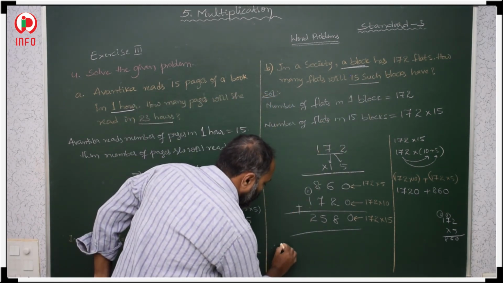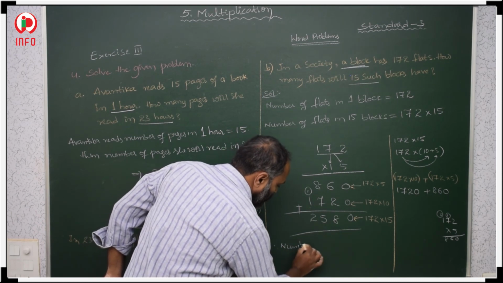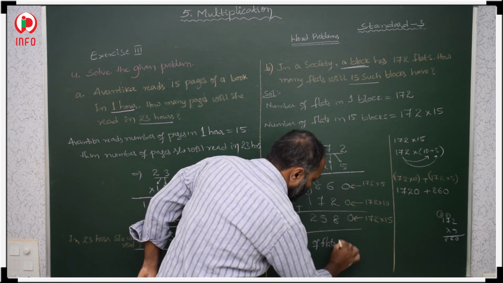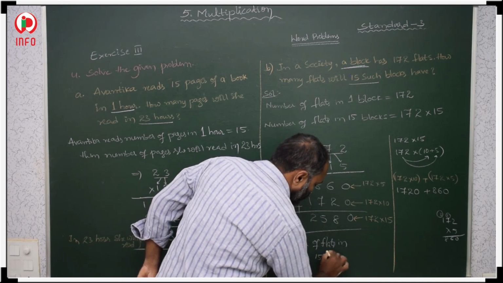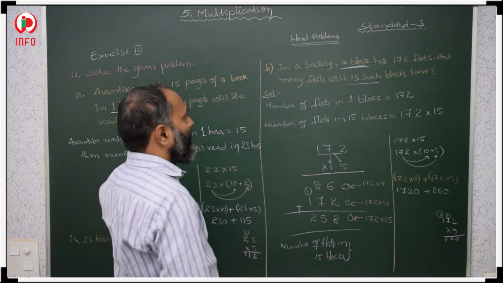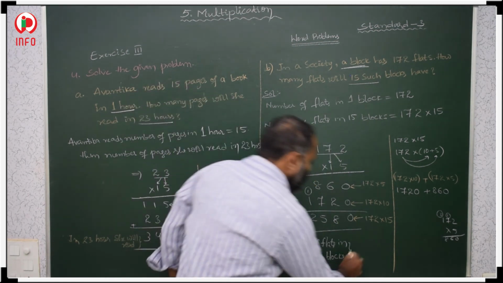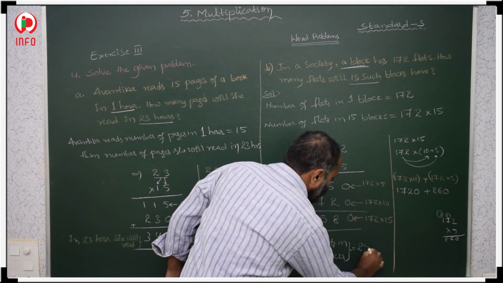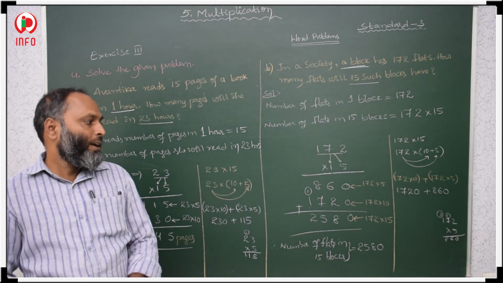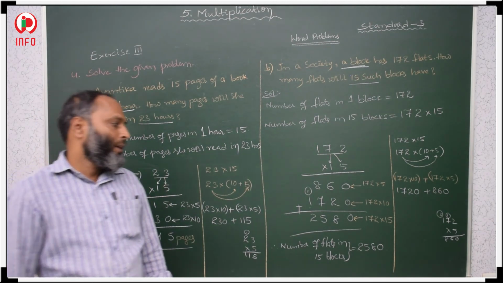Therefore, the number of flats in 15 blocks is equal to 2580. In this way we have to find multiplication. Okay.